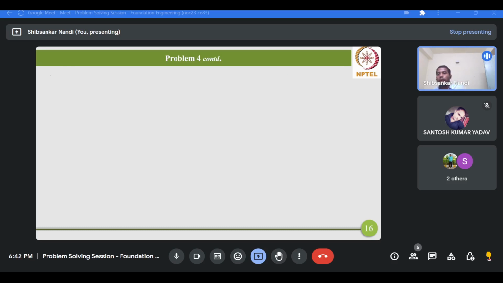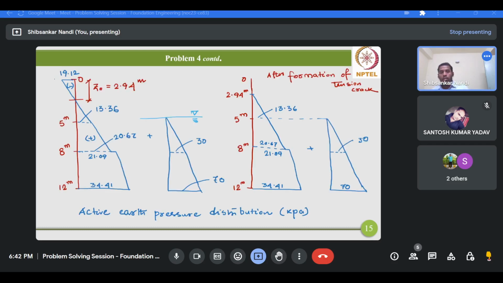Now if we try to determine the total active force, you have to consider the basic diagram.